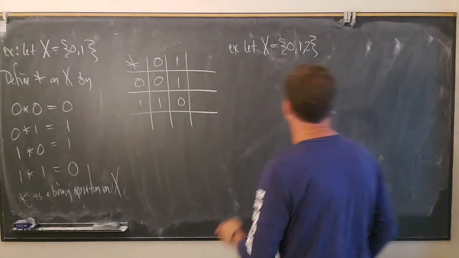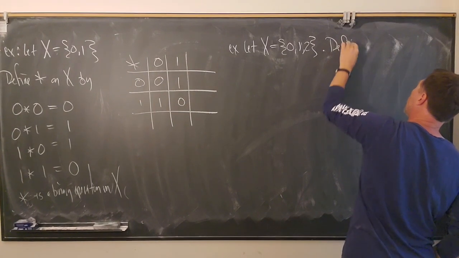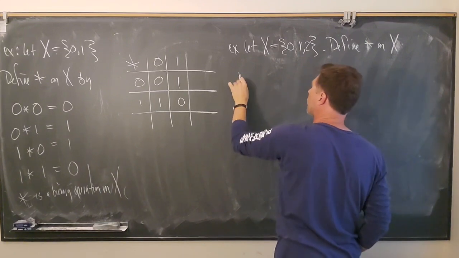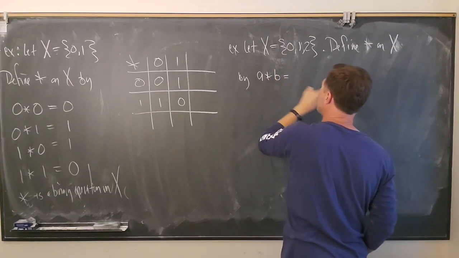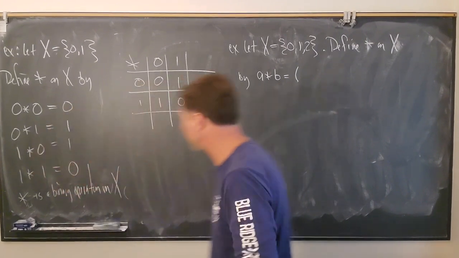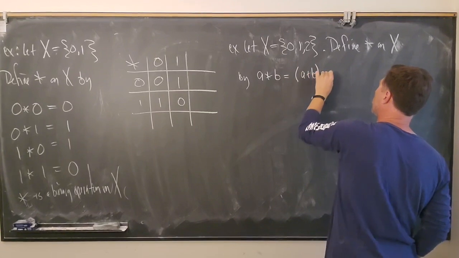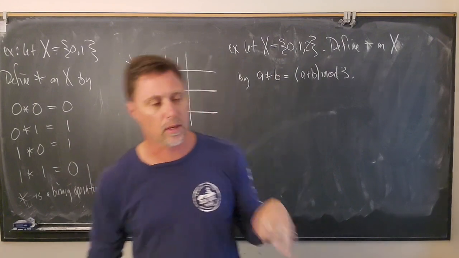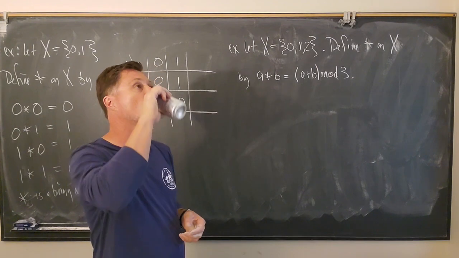Now let's define star on X by A star B is equal to A plus B mod 3. So hopefully everybody's seen modular arithmetic either in number theory or in math 2. You probably saw it in math 248, again probably in number theory.